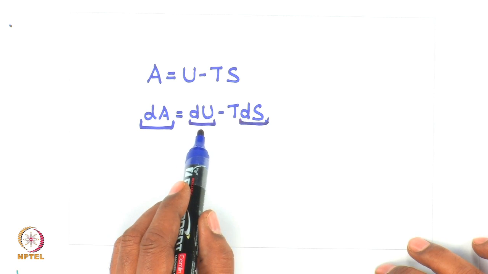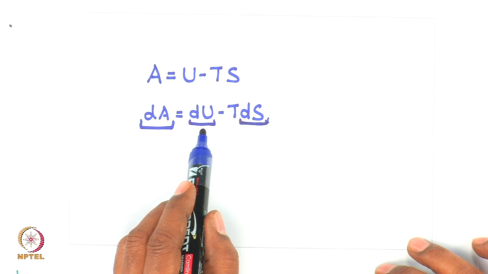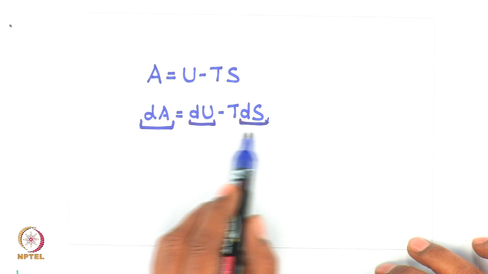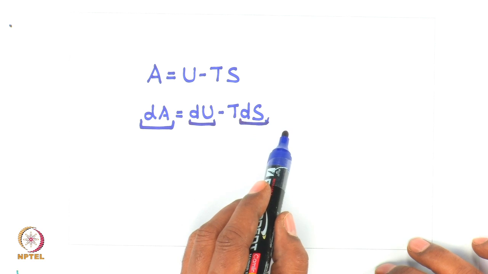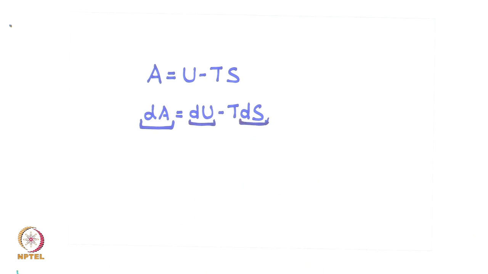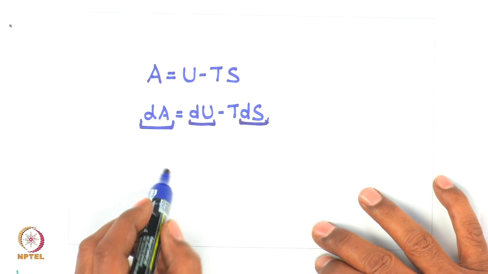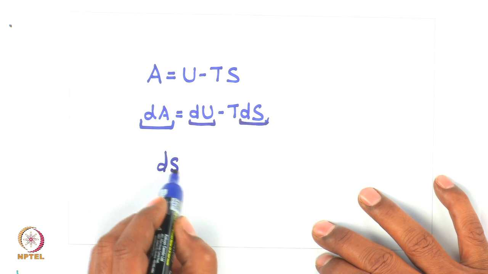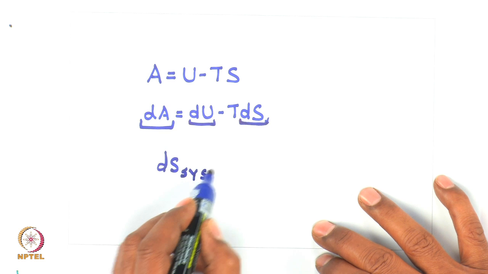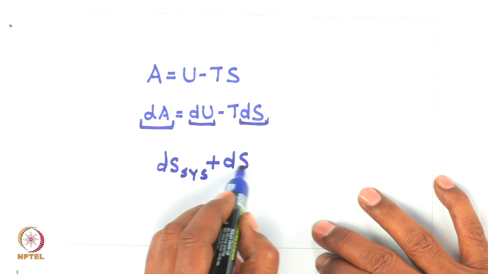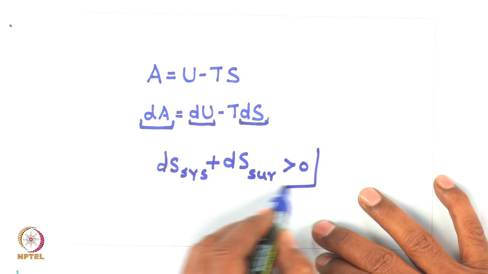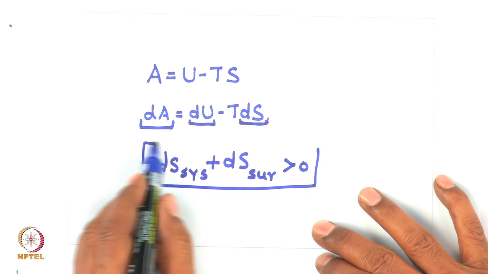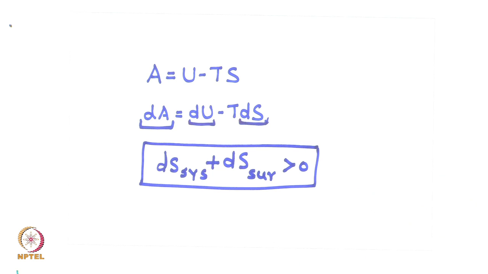This decrease in internal energy can be used up, or a part of it can enter the surroundings in the form of heat and generate enough disorder, so that dS system plus dS surrounding is greater than 0. Second law is obeyed, and at the same time the first law is also obeyed.